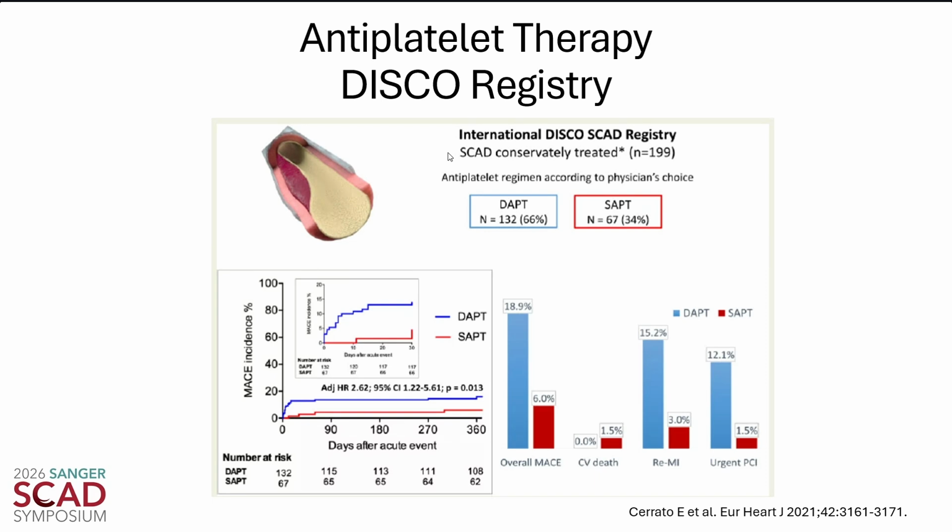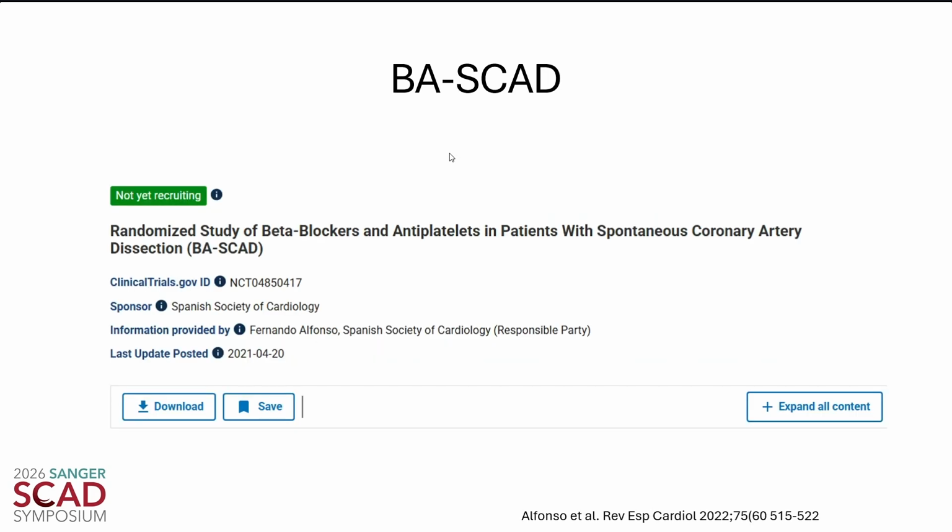So I'm hoping that I've made the point that we need randomized controlled trials. This I just downloaded in preparing these slides really a few weeks ago from the clinicaltrials.gov site, which is a website of all clinical trials in the US, and there are some North American sites in this study.